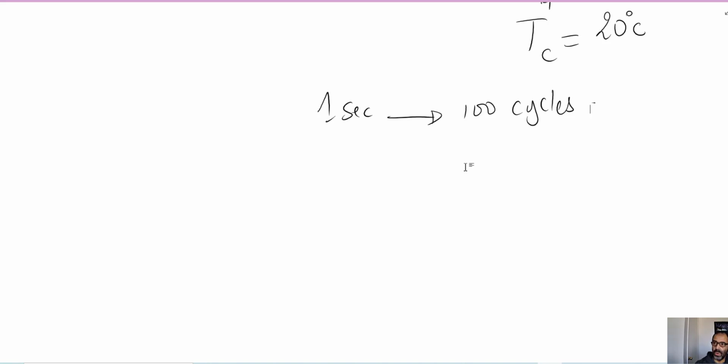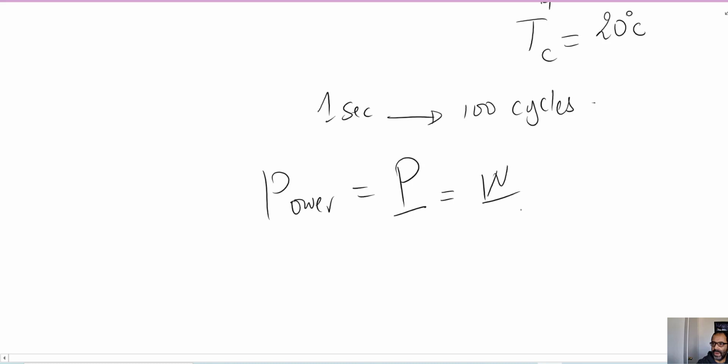Okay, they want to find the power. I'm going to use this P in here so that you don't confuse it with the pressure. Power is equal to the work divided by the time it takes to do this whole thing: the work for 1 cycle over the time that 1 cycle takes. In 1 second there are 100 cycles, so 1 cycle takes a hundredth of that amount. Very straightforward.